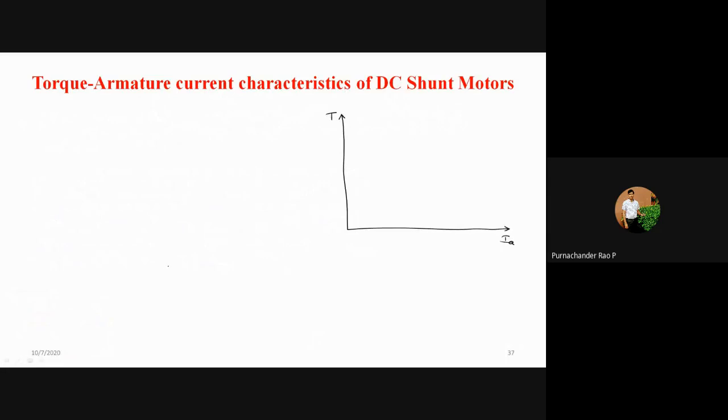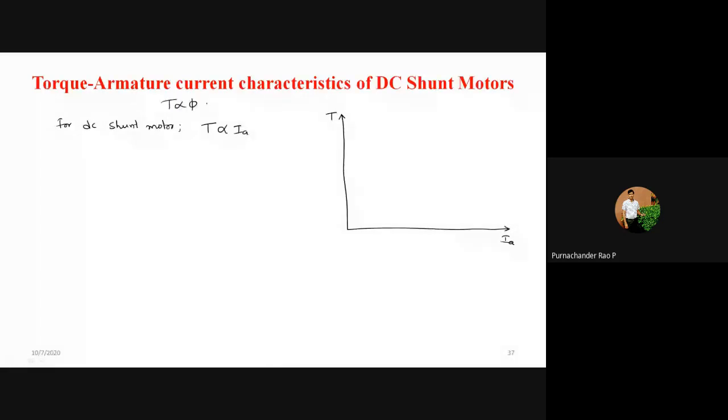As we know, for a DC shunt motor the torque equation is torque proportional to phi into Ia.